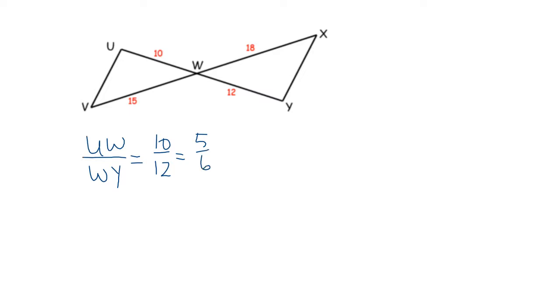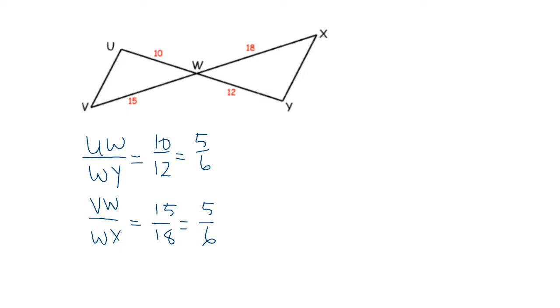Now the other set must also reduce to 5, 6. So that would be VW over WX, and that's 15 over 18. If I divide these by 3, I get 5 over 6. So I have two corresponding sides. So now, since the ratios are the same, these are similar.